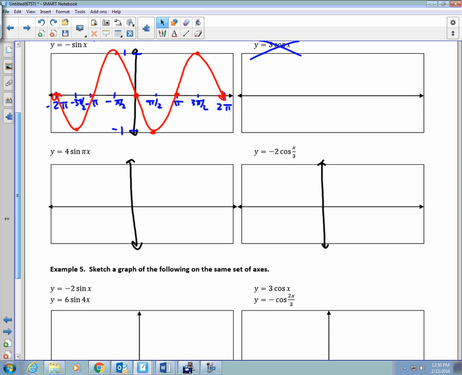Okay, next one. y equals 4 sine of pi x. What's the amplitude? 4. And what's the period? 2. What's different about this one? Okay, it's positive, and there's no pi attached to the period, and that's fine. So 4 for my amplitude.